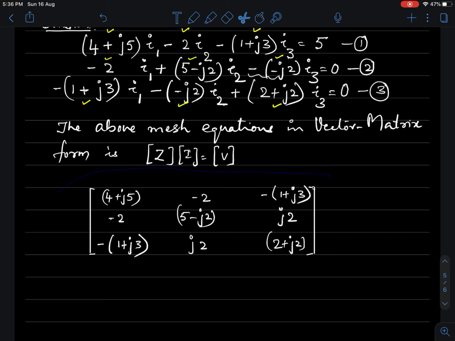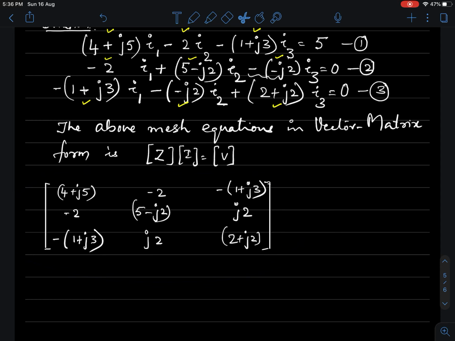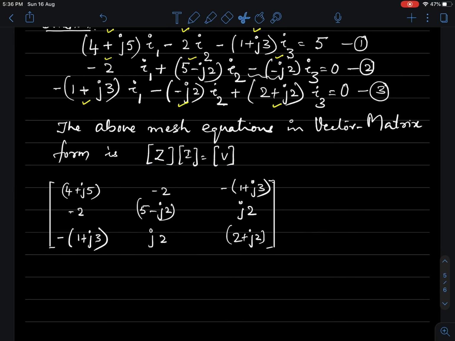So this particular matrix is what we call the impedance matrix or Z matrix. Now this multiplies the currents. We have the currents I1, I2, I3. This is a vector.